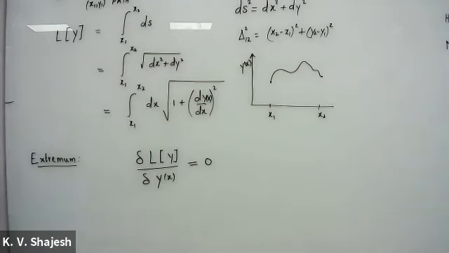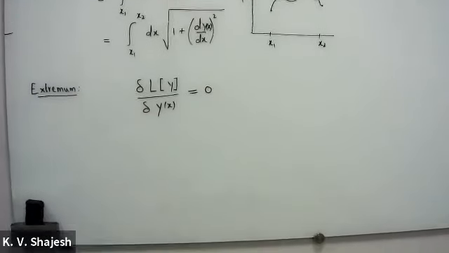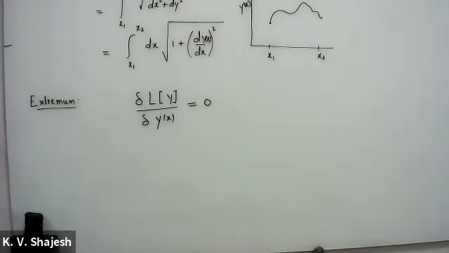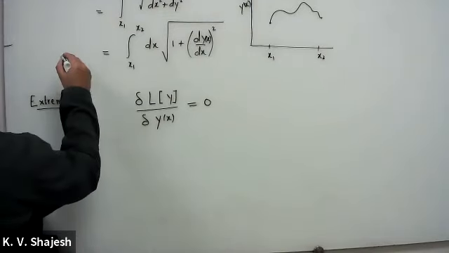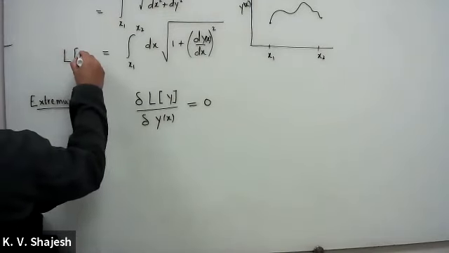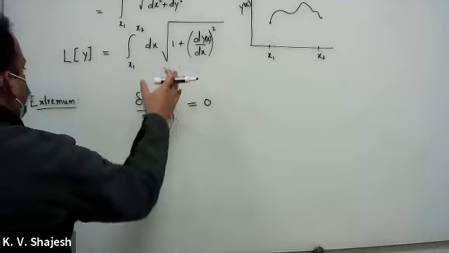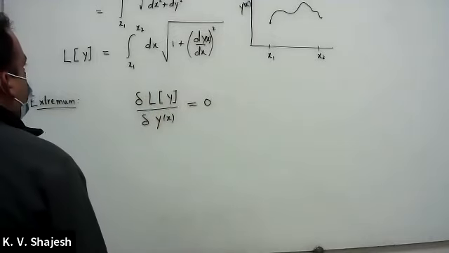So you can say that this is the condition for the extremum. And that again is L of y. Okay, is the question clear? So we want to find the functional derivative.